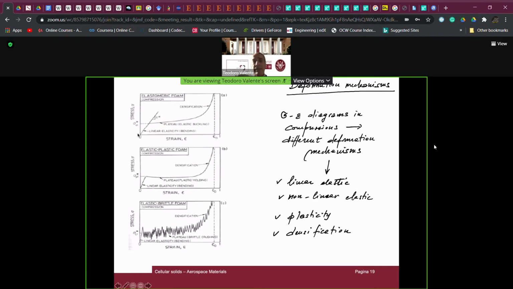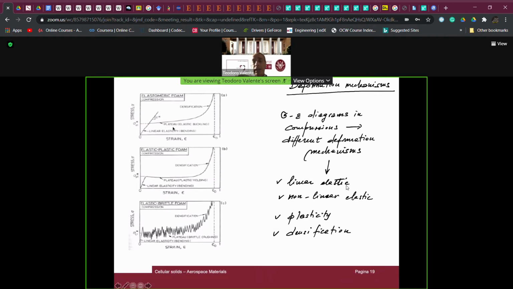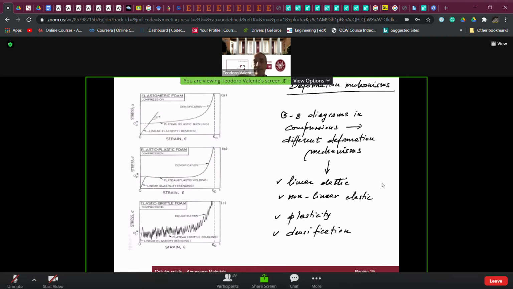But since we have said that we can also have, as we saw in the video, cellular solids made by metallic materials or metallic alloys, in this case we cannot expect an elastic behavior till densification and then rupture, because we know that metallic alloys are characterized, to a different extent depending on the alloy itself, by the possibility to have plastic deformation.